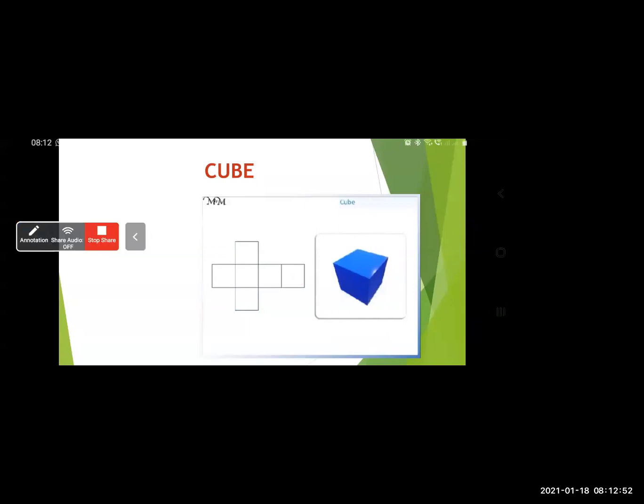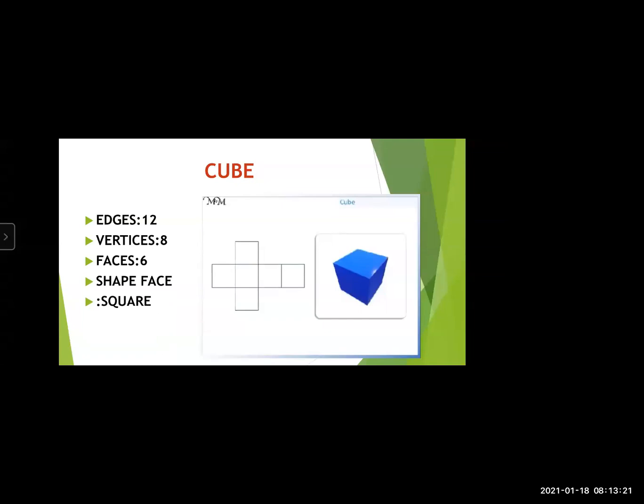So again we saw that it has 6 faces and each face is of square shape. Edges 12. Same as the cuboid, it also has 12 edges. 12 edges means 12 sides. 8 vertices, 8 corners it has. 6 faces and each face shape is a square.